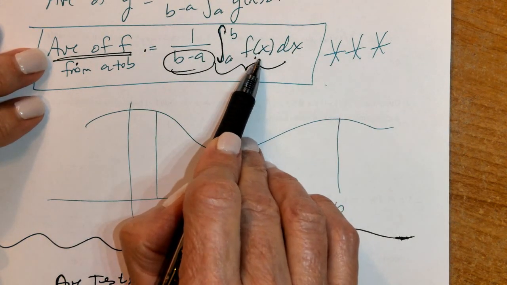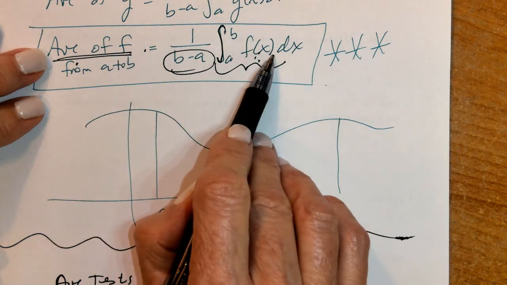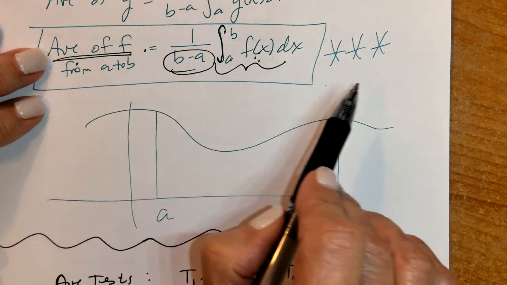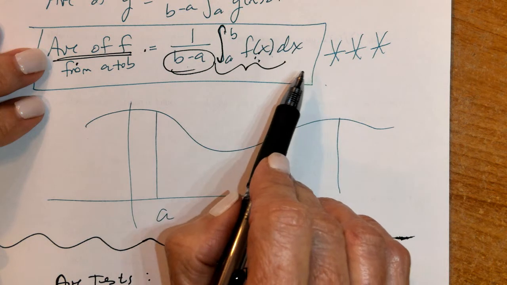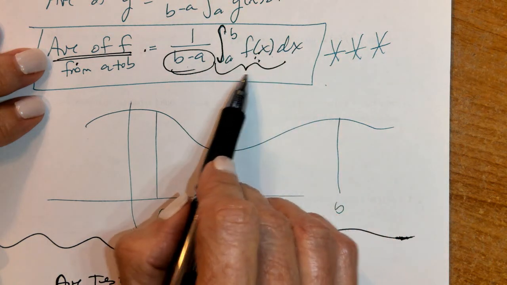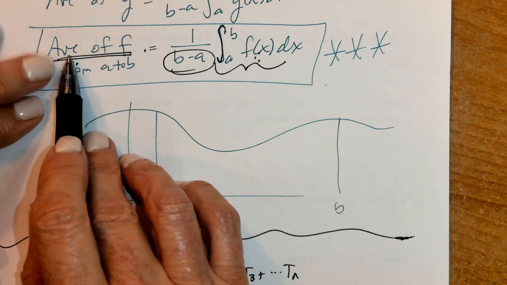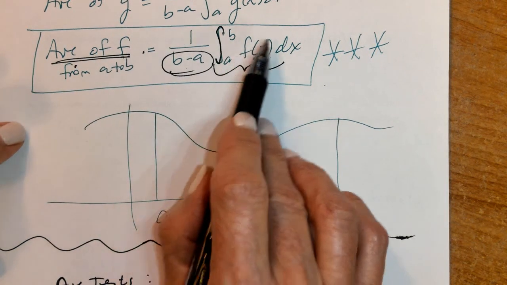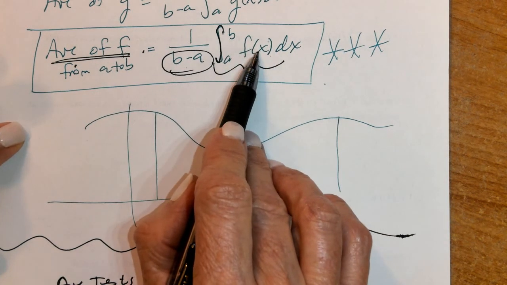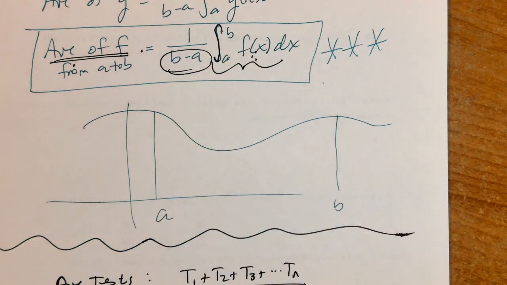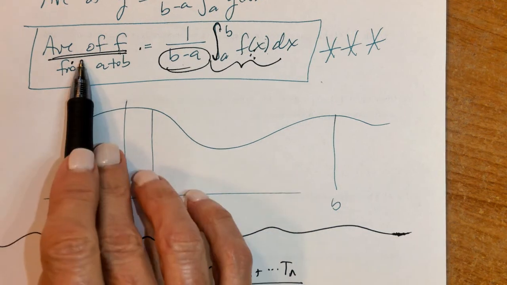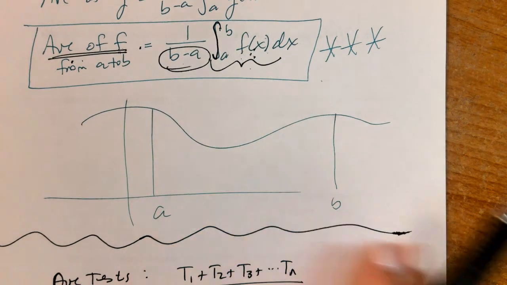Average of f is the integral of f divided by b minus a. I say that repeatedly because for some reason kids like to, I know why, when I ask them to find the average of a function, they want to put the derivative of that function over here because they're getting confused with the fundamental theorem of calculus. But if you're averaging a function, your function is in the integral.